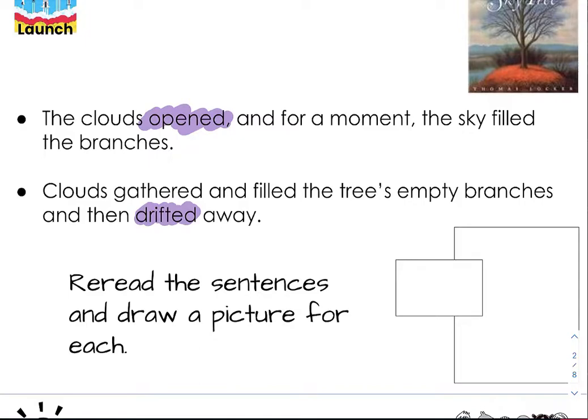And then the second one, "Clouds gathered and filled the tree's empty branches and then drifted away." Think about what you picture in your head when you read that, and draw a picture of that sentence as well. You can pause the video to take some time to draw a picture to go with both of those sentences.